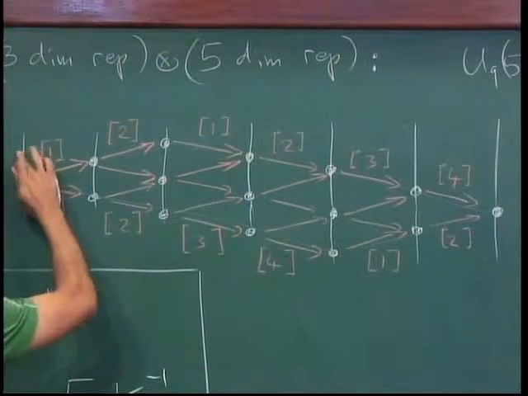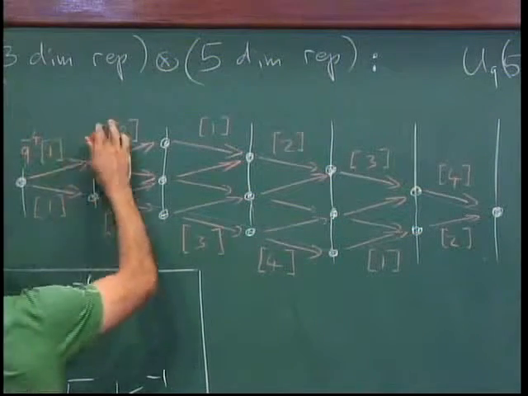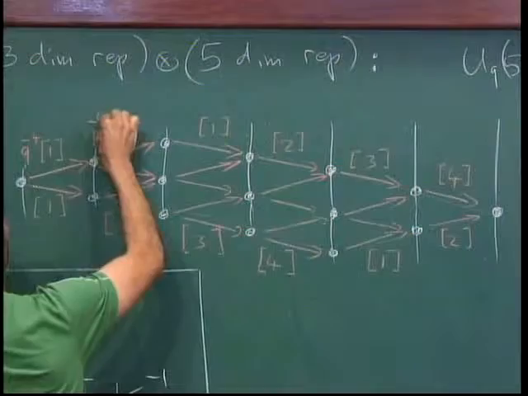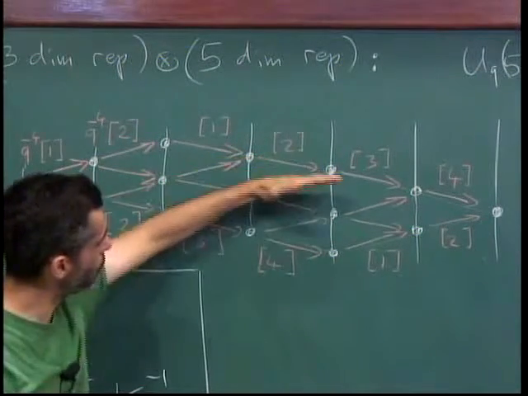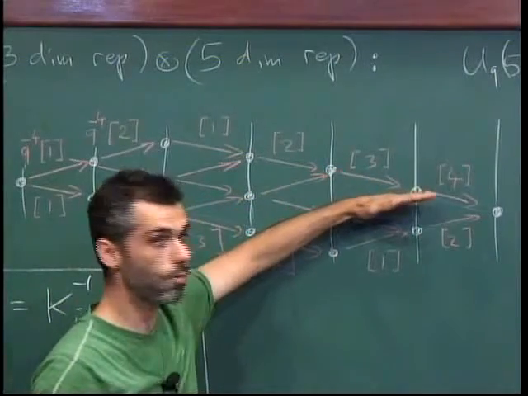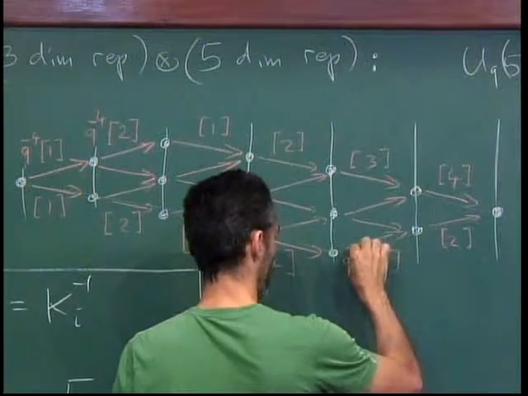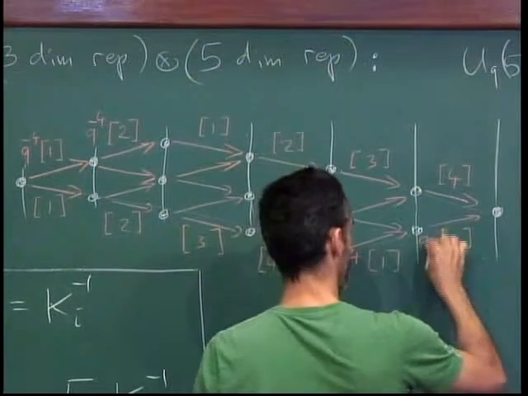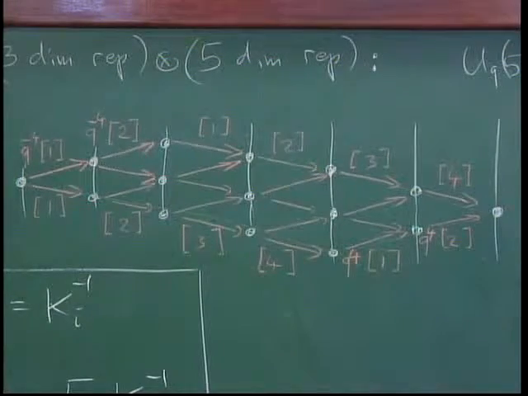So I get a prefactor of q to the minus 4. On this row, I get a prefactor of q to the minus 2. Here there's no prefactor. Here there's a q squared prefactor. And here there's a q to the 4th. So I'm not going to fill in the whole thing, but you get the idea.